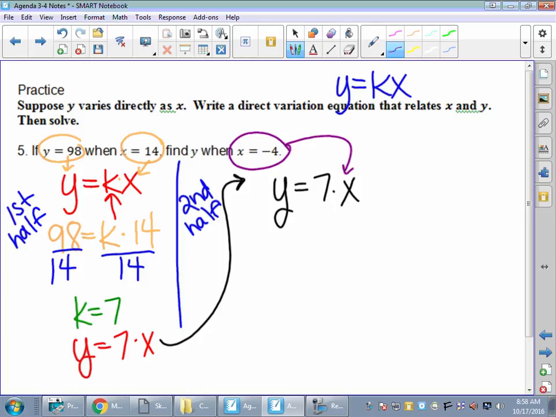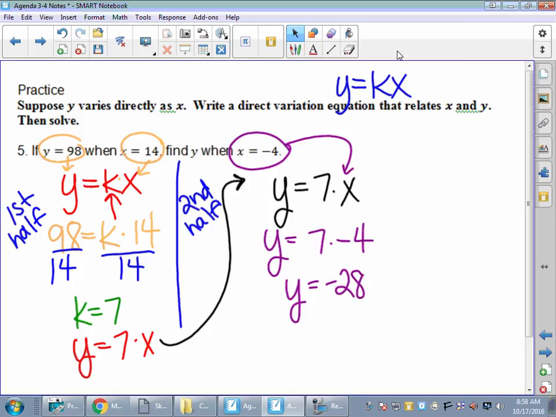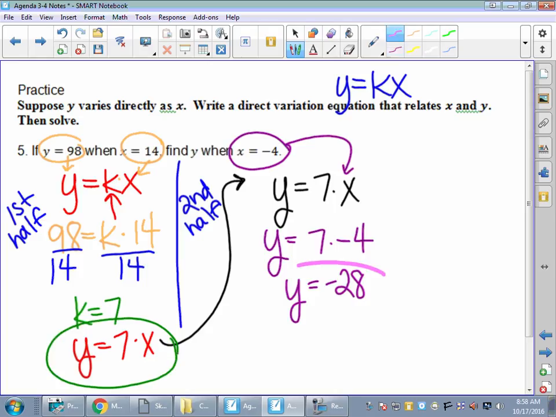So now on the other side of that comma, the second half of the problem, y equals 7 times negative 4, which I know everybody knows is negative 28. When I go to grade these quizzes or assignments, I'm going to look first to see that you got y equals 7 times x, and second at the second half, y equals negative 28. So a first half and a second half.